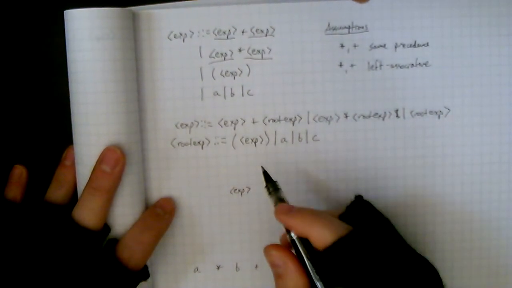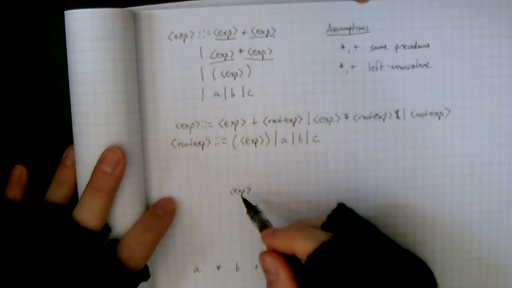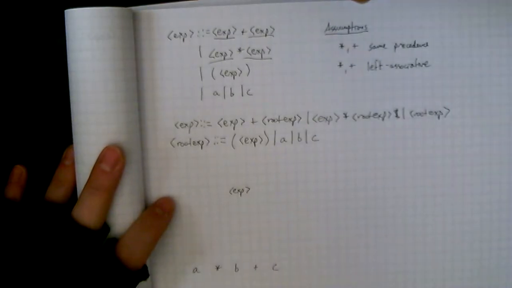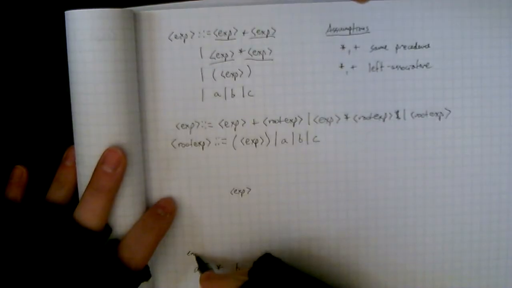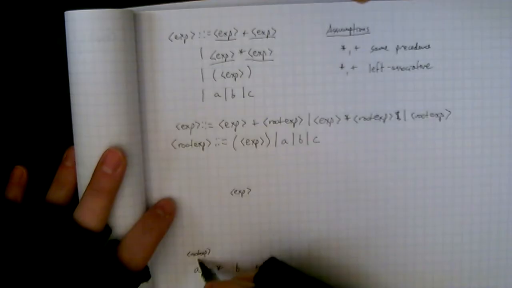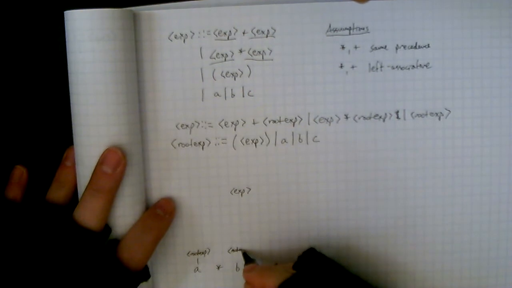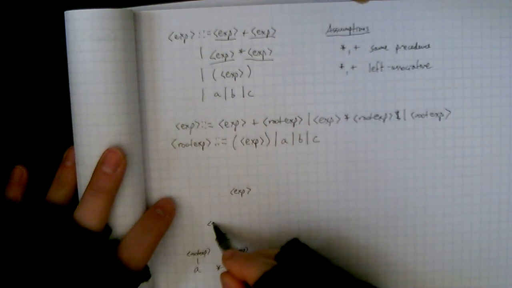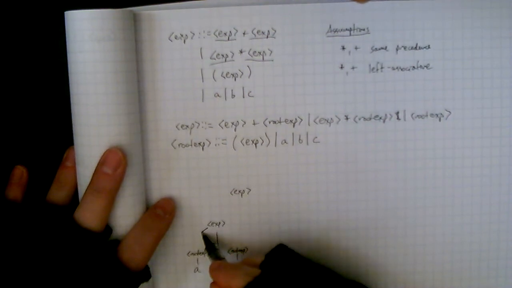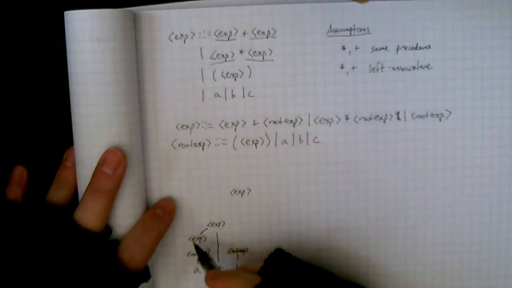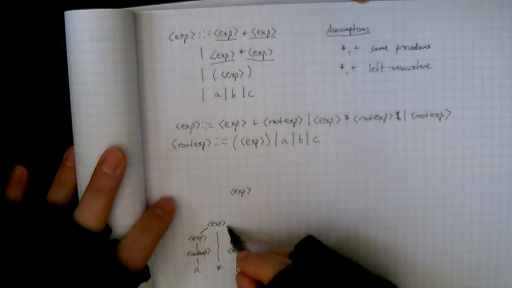So we know that a, b, and c will have to come out as they're all from root. So root, exp, root, exp, and then we know that the multiplication comes from exp itself, which has a single exp off to that side, which then can go to root, which then becomes a, and the other side is root.